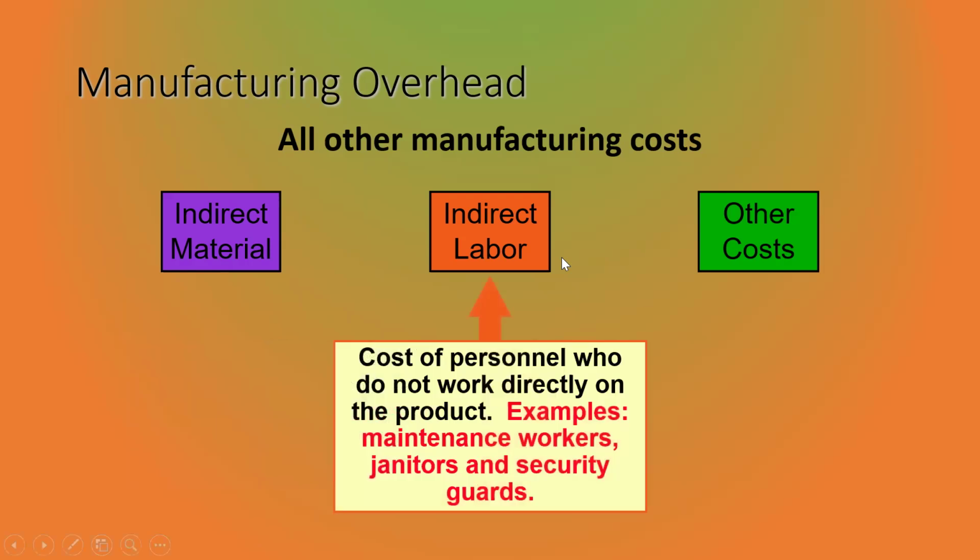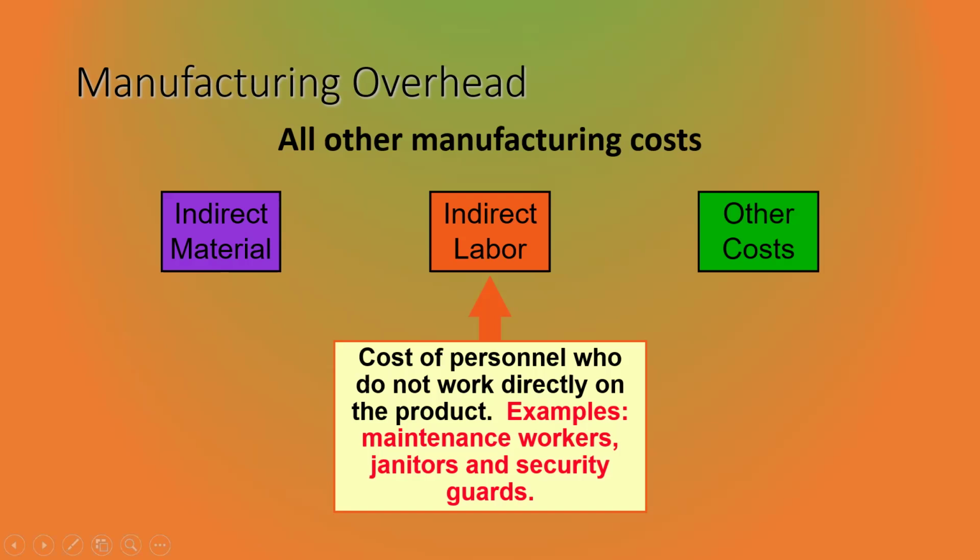Next is indirect labor. So, indirect labor is the cost of personnel who do not work directly on the production. They are not directly involved in converting raw material into finished goods, but they are supporting staff, supporting workers who support production process but are not directly involved in actual creation of goods or services.